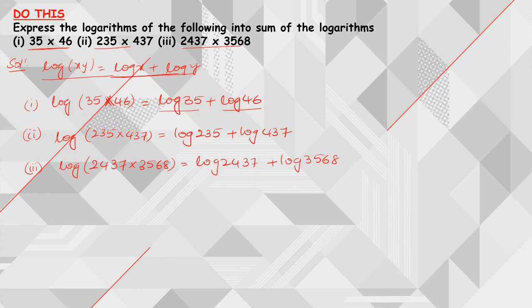So whenever you have a number as a product of two numbers, we can write it as a sum of individual logarithms, right?